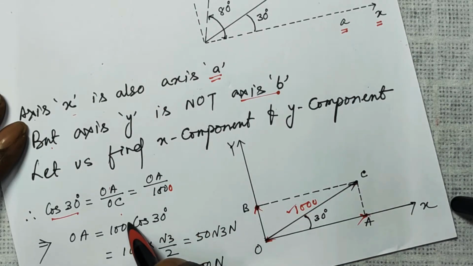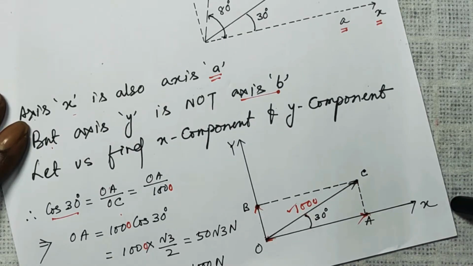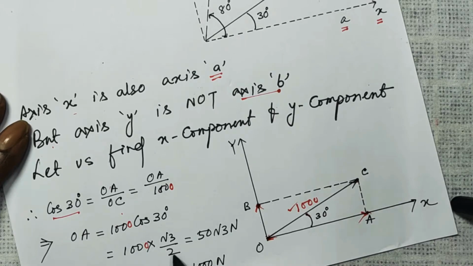Cos 30 is root 3 by 2. This 2 cancels with the 1000, leaving 500. So it is 500 root 3 Newton, not 50 root 3, that is the x component of this 1000 Newton.